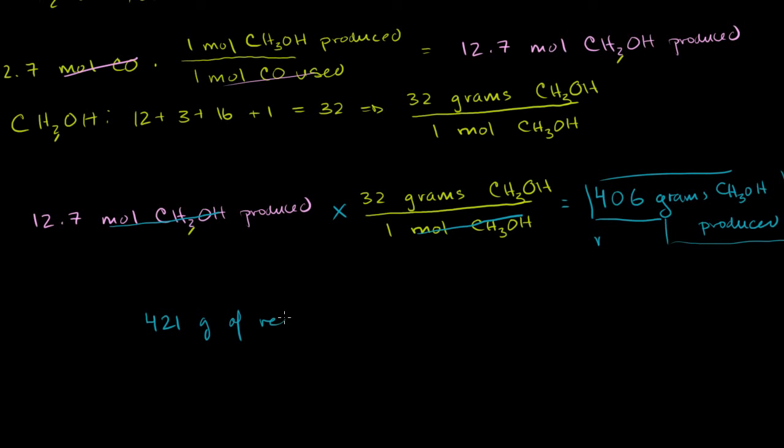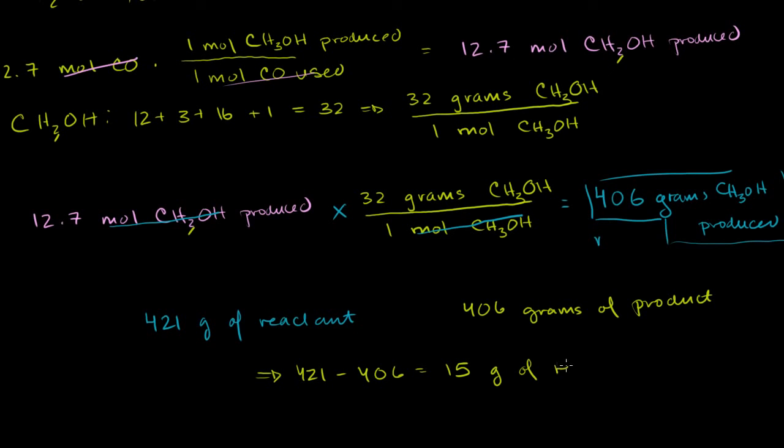And then we end up with 406 grams of product, of our methanol. So that means that 421 minus 406 grams of reactant was not used. 421 minus 406, which is equal to what? 21 minus 6 is 15 grams of reactant not used.